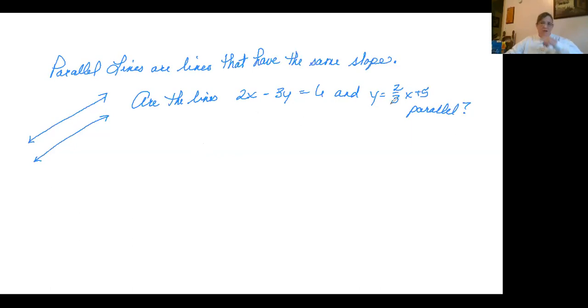How do you know? Well, we already know the slope of this line. The slope of this line is 2/3.